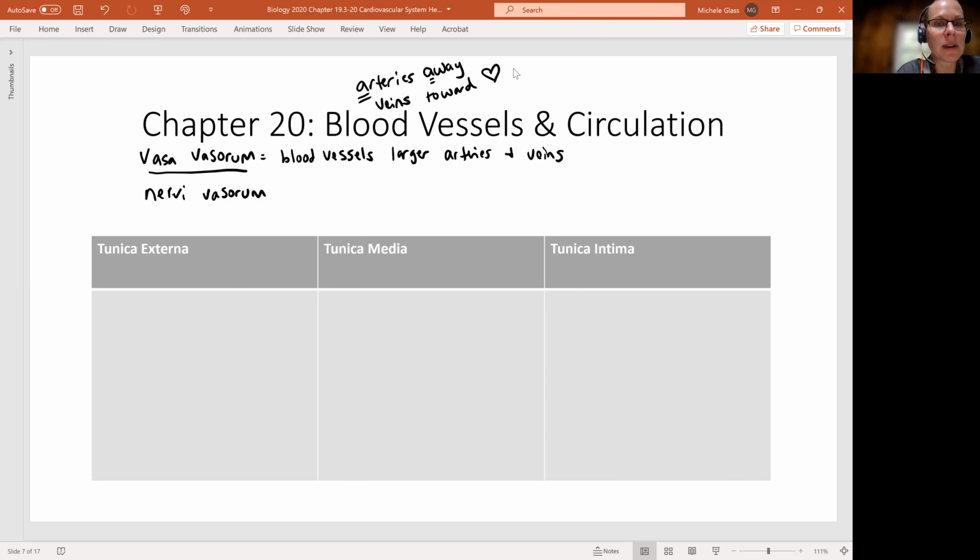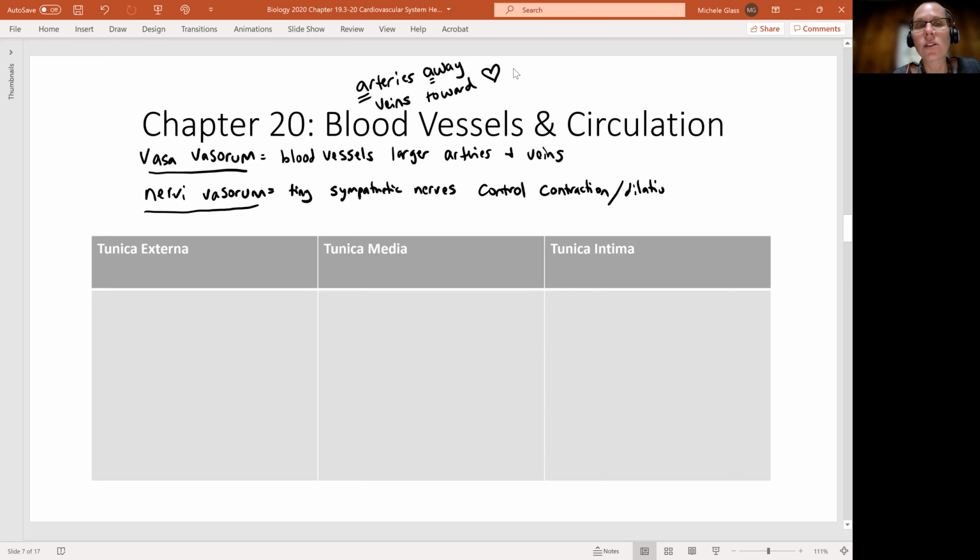And this is talking about super tiny sympathetic nerves that are going to control what we call contraction or constriction, vasoconstriction, and dilation or vasodilation of the smooth muscle that we find in our veins and our arteries. I should have just said in our vessels.